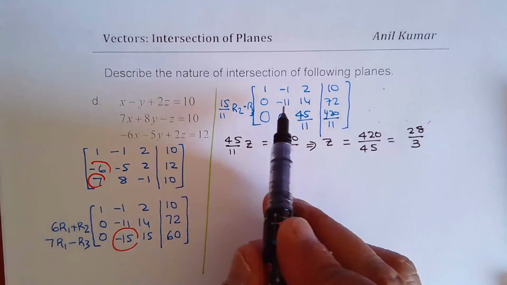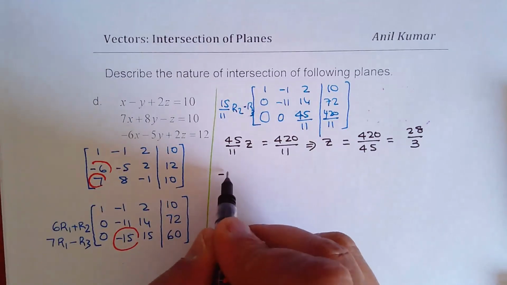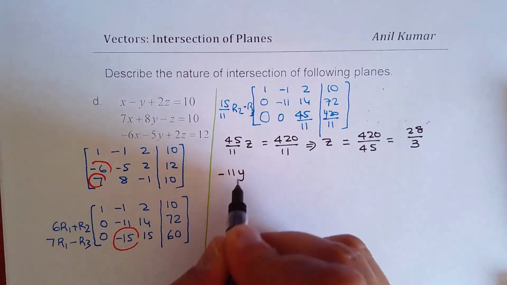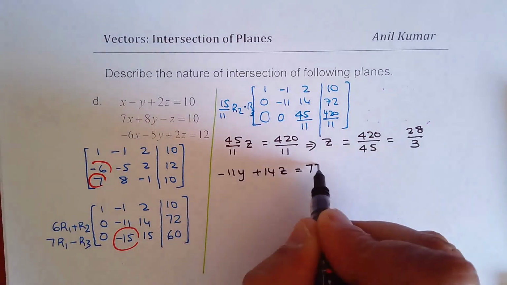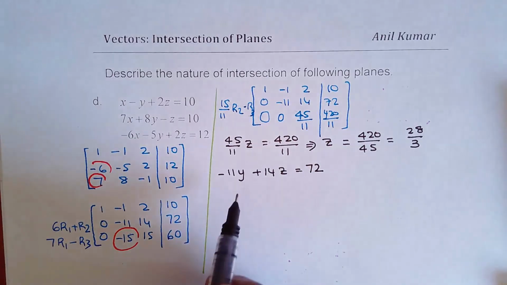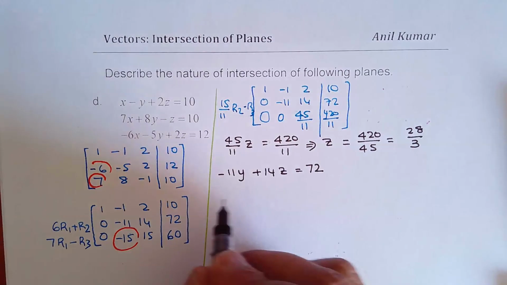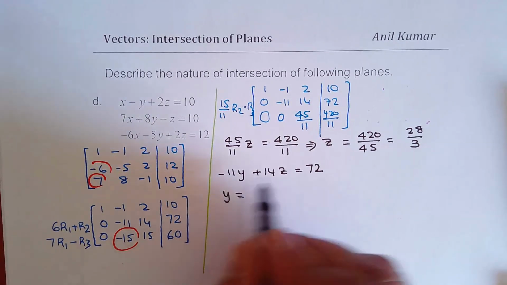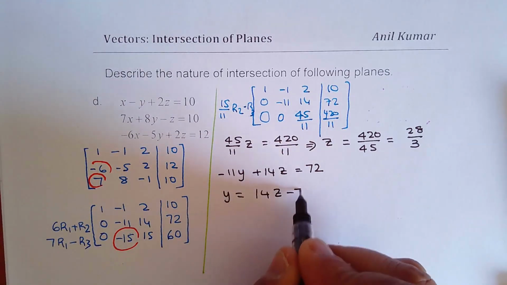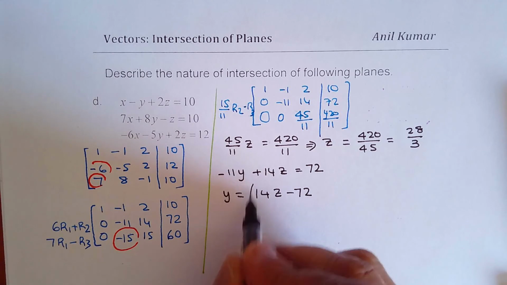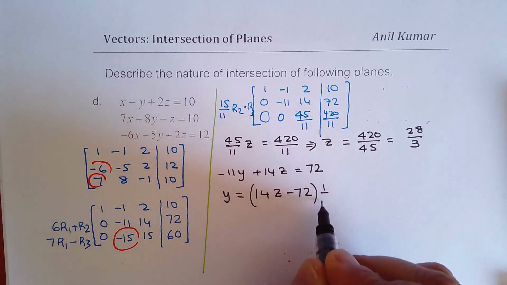The next equation here is minus 11y plus 14z equals 72. So from here we can get the value of y, right? So we rearrange. We get y equals, taking it to the right side, 14z minus 72 and everything divided by 11, so 1 over 11.